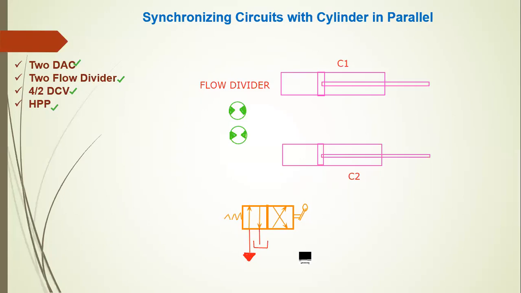Now we have to connect all the components: the hydraulic power pack to the direction control valve, to the flow dividers, and the flow dividers to the two double acting cylinders.